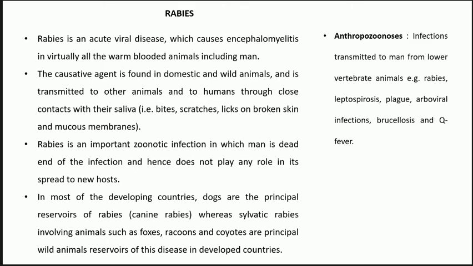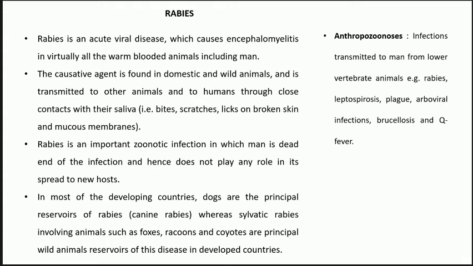But you should know exactly how it works. The causative agent is found in domestic animals, present in the mouth and saliva. If they bite, there will be a puncture in the skin, and because of that the virus gets transferred into the blood, and the infection takes place.